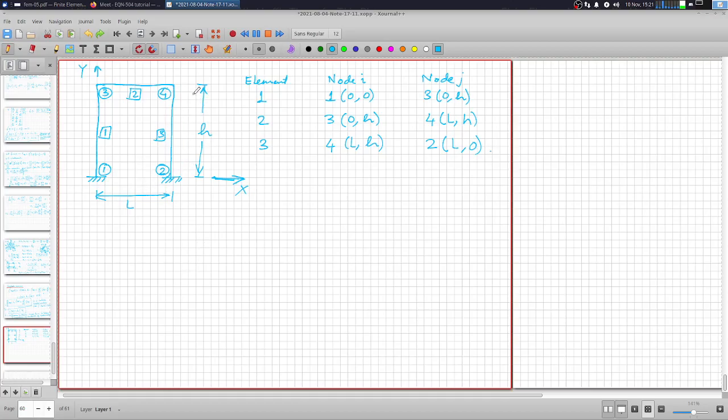And if I look at the degrees of freedom, modeling this by a frame element would give us U3, V3, theta 3, U4, V4, theta 4, and then we have U1, V1, theta 1, U2, V2, theta 2.